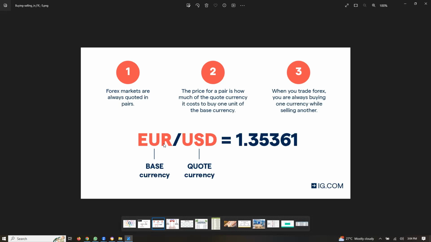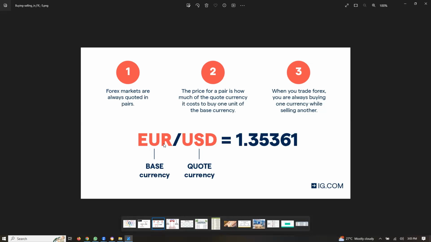So in this scenario, if you have 1 euro and you want to exchange it for USD, you are going to have 1.35361 US dollars for 1 euro. And the same thing happens if you believe that the dollar is going to strengthen against the euro, which means the euro is going to depreciate in value due to other factors, some economic event or political instability in the country or political events, you understand? You have to what?